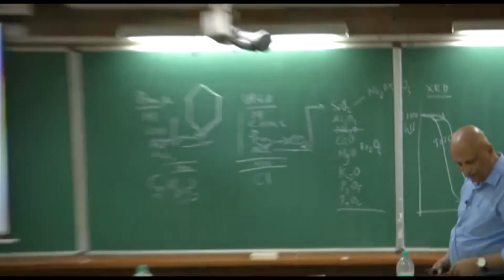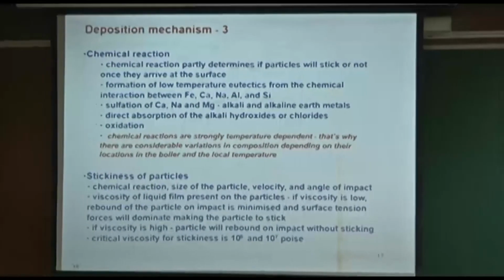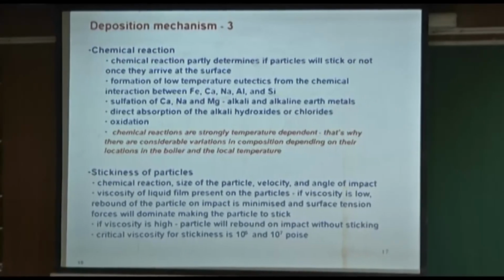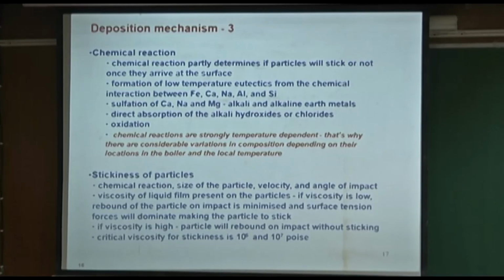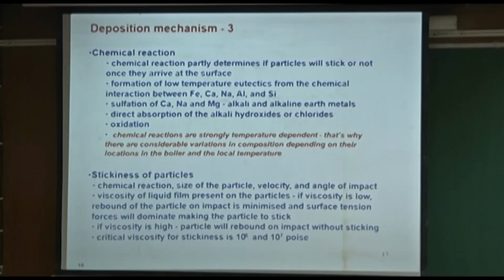So the stickiness of the particles, again, depends on the chemical reaction. It depends on the size of the particle. Obviously, if it is a smaller one, then it will stick faster, as you can imagine. The velocity: if it is low velocity, it will go and sit there, not get dislodged.